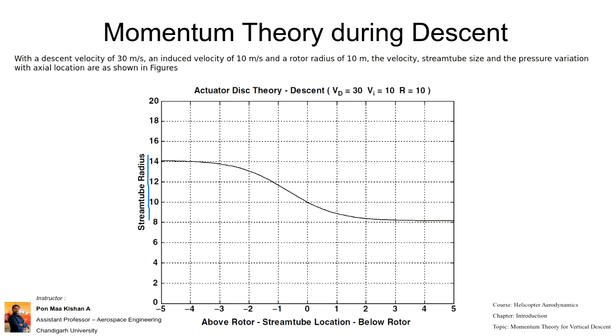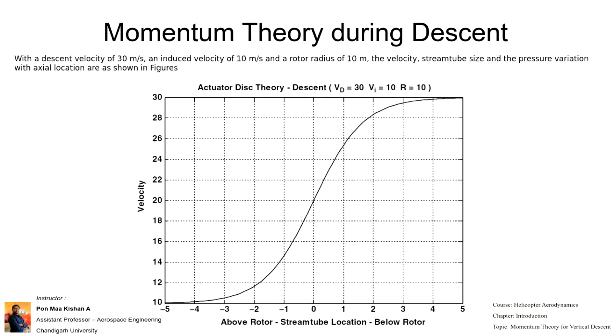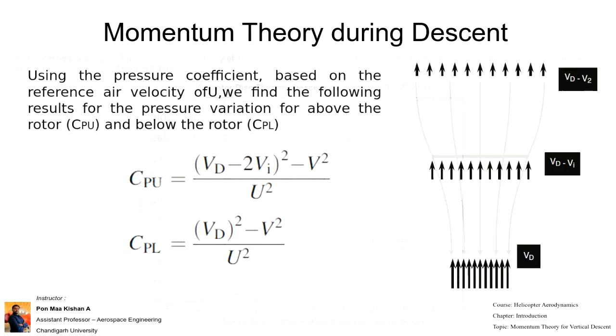With the same criteria, at the section below the rotor the stream tube radius has to be 5 meters, whereas at the exit it has to be 14. It keeps increasing, as we have seen in the image also.